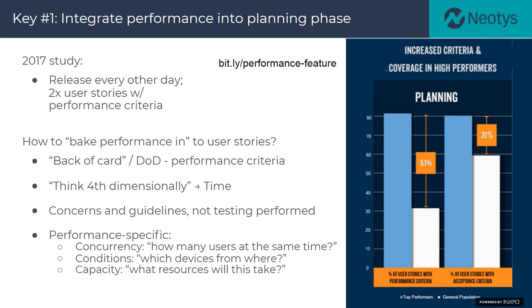So that's one thing. The other thing is a quote from Back to the Future, Doc Brown: you got to think fourth dimensionally, Marty. You got to think about the concept of time, right? When are we going to do this, for one thing, from a scheduling perspective?